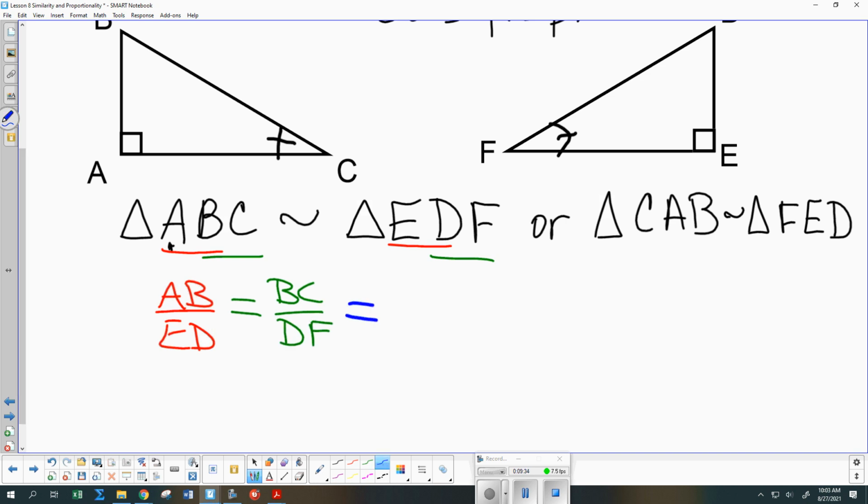And that must give the same ratio as first and third over first and third. So that similarity statement says a lot in that. So you have to be careful whenever you are writing those down, or if they give you that as a given, it tells you a lot.